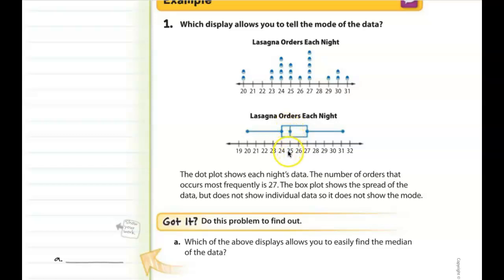So the median for lasagna is clearly 25. In order to find the median in a dot plot, you have to count all the dots and figure out if the median is one of the dots or an average of the 2 middle dots, and so on. So it's not impossible, but the easiest one to see the median is the box plot because it is the middle line in the box plot.